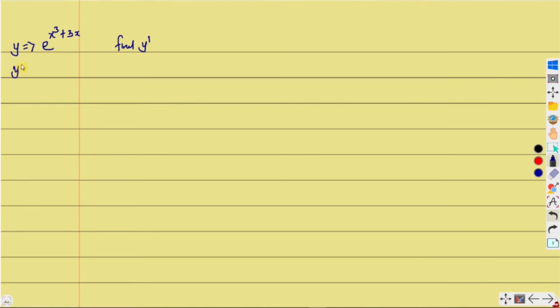So y prime will be equal to, you remember, the function up here will be the inner function. So we say e to the power of t. t is what is here. So e to the power of anything will still be e to the power of that, and t is x cubed plus 3x. And you multiply the answer by the derivative of x cubed plus 3x, which is 3x squared plus 3. That will be the answer to this question, and that is correct.